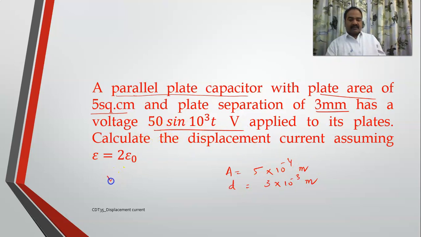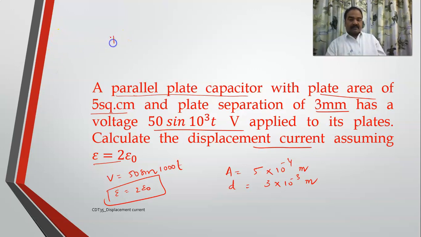The voltage is given, and we need to calculate the displacement current. How do we determine it?